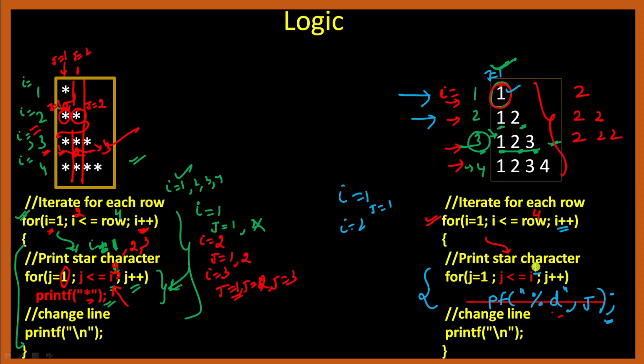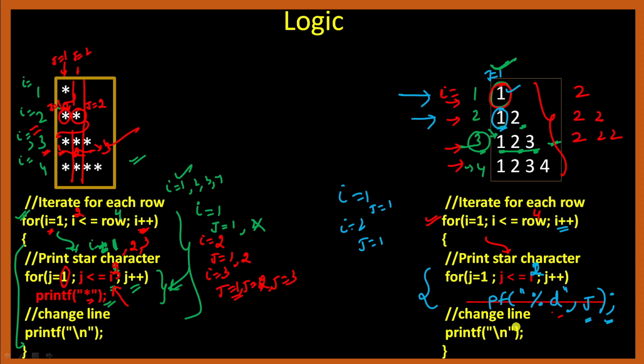So we will come here and now j less than or equal to 2. This loop will run 2 times, and in every run we are printing the value of j. So for the first time j equal to 1, and we want to print 1. So j has the value of 1, we will print j and 1 will be printed.